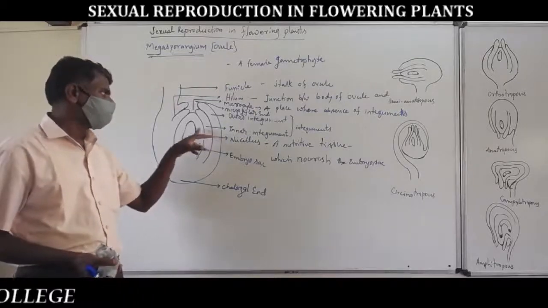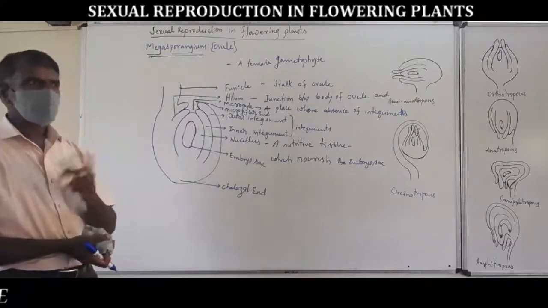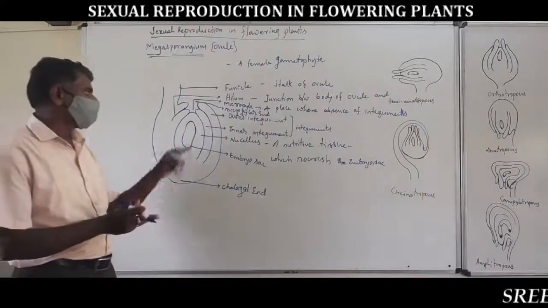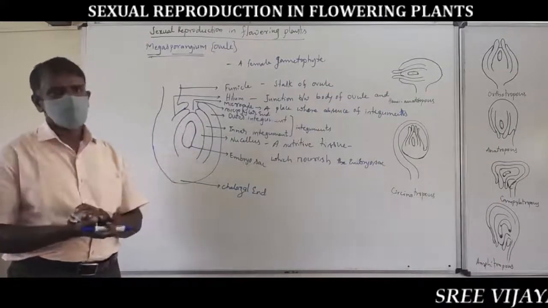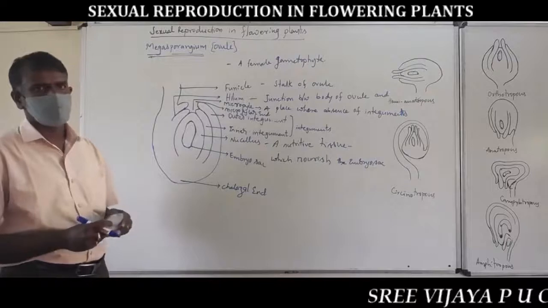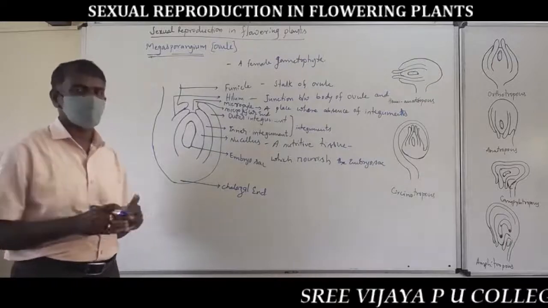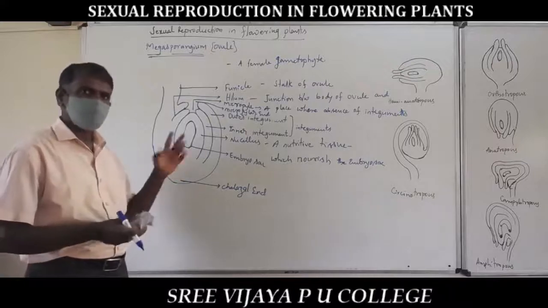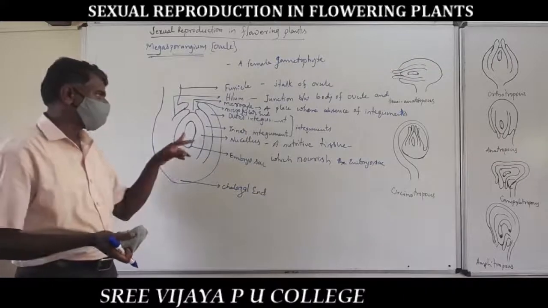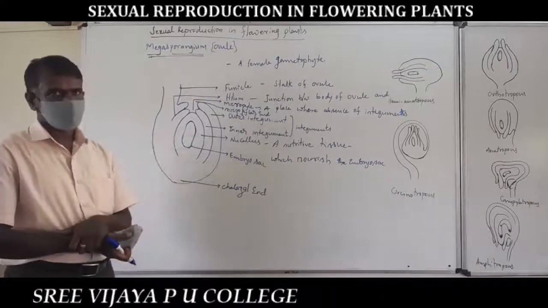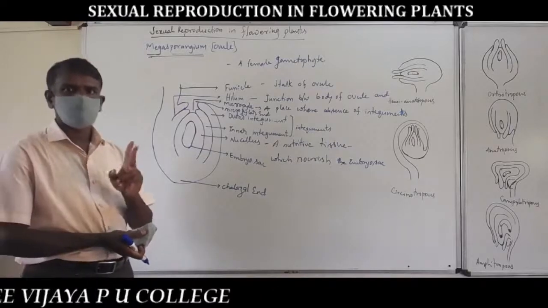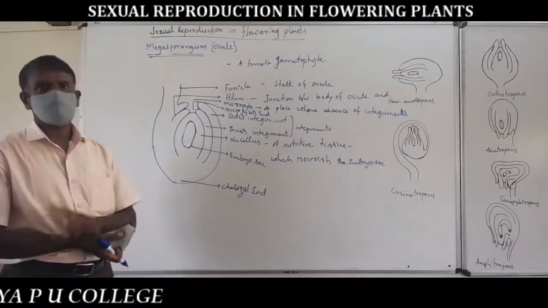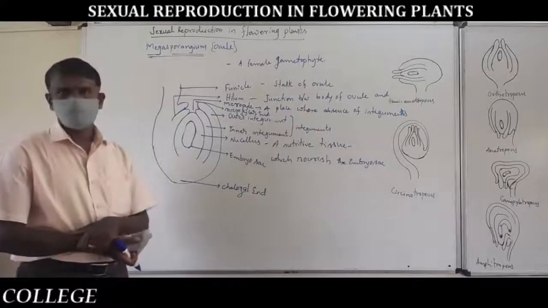Inside the integuments, there is presence of nucellus. The nucellus is a nutritive tissue which supplies food for development of the embryo sac at the developmental stage. Inside the embryo sac, there is presence of 7 cells, that is 1 egg, 2 synergids, 1 central cell, 3 antipodals.